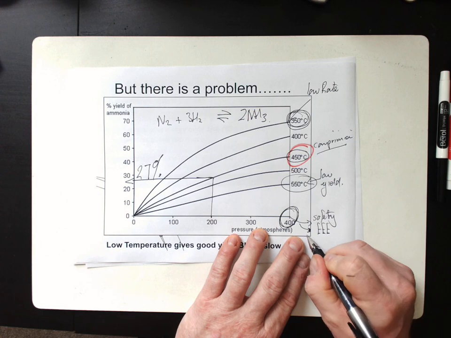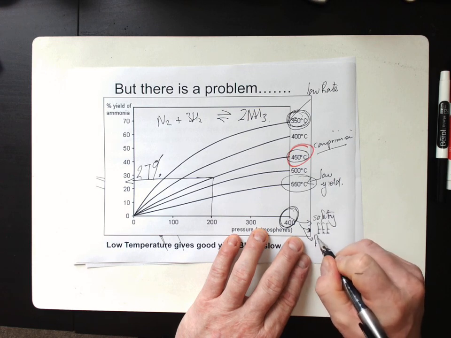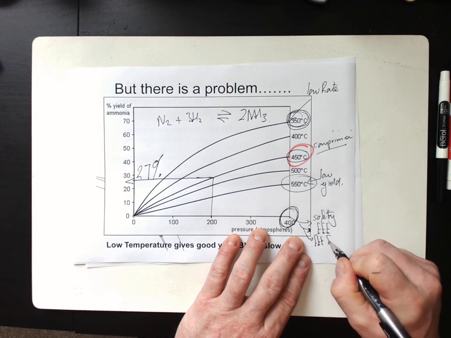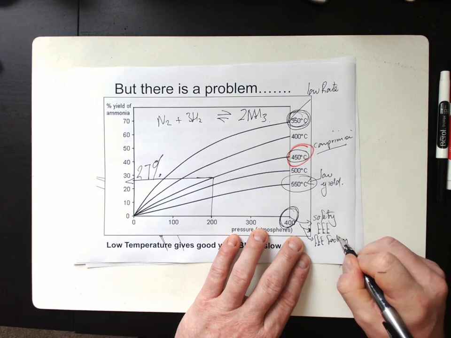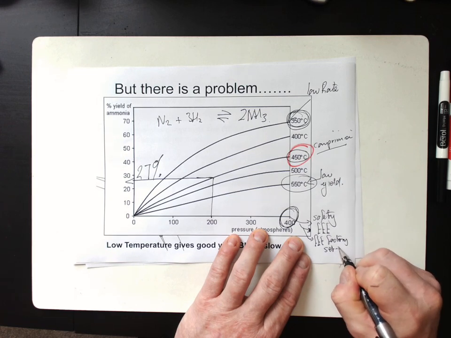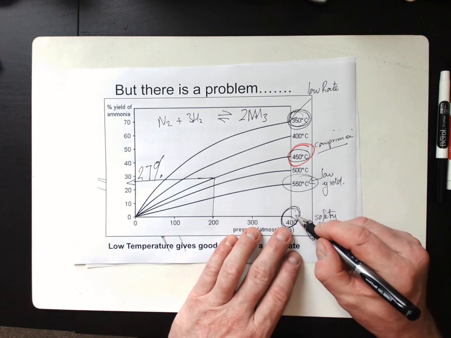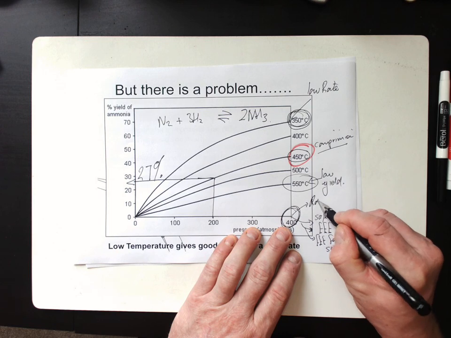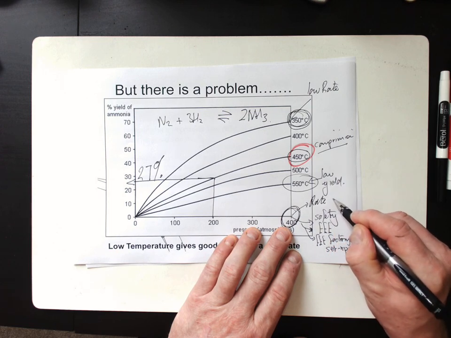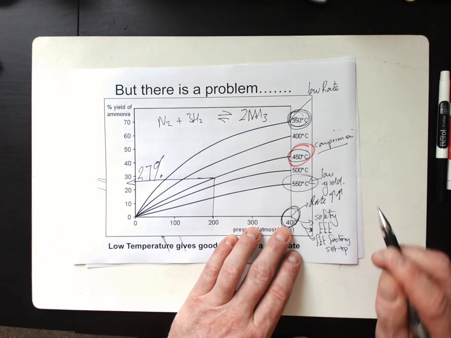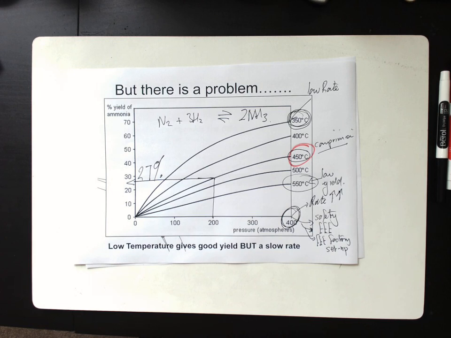High pressure has very expensive factory setup costs. But what's the good thing about high pressure? It has a really good rate. Everything's pushed in nice and close together, so we get a really high rate of reaction with high pressure.